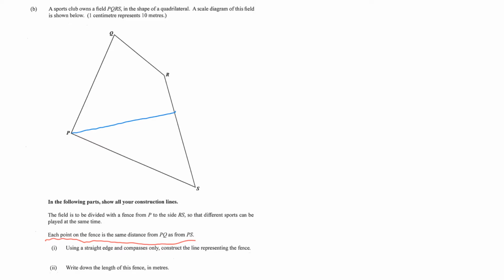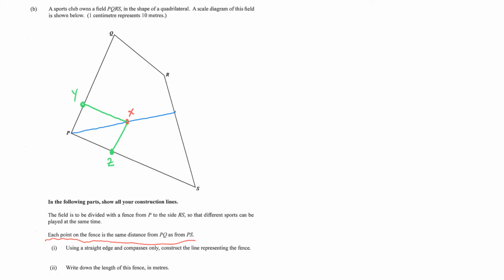Now take any point that's on this line. Say this point right here. Let's call it X. Now let's draw the distance between X and the side PQ, and label this point Y. And let's draw the distance between X and the side PS. Let's label this point Z.